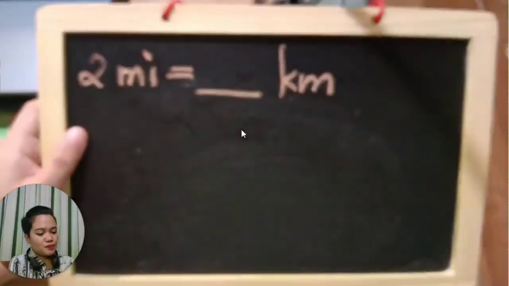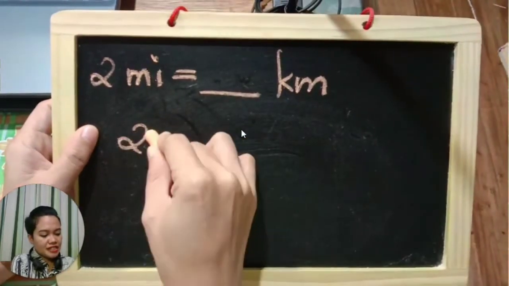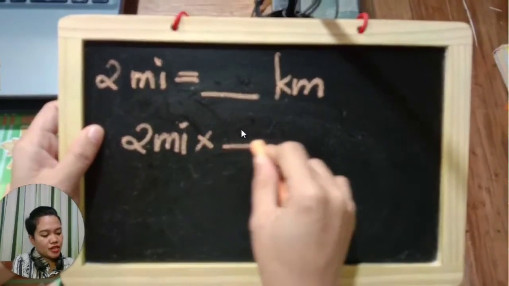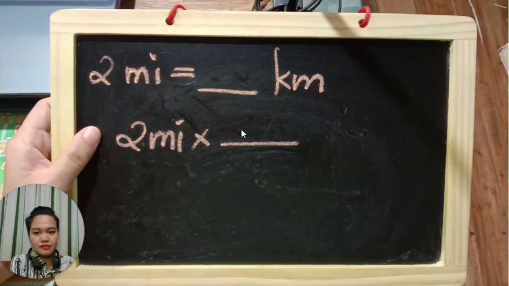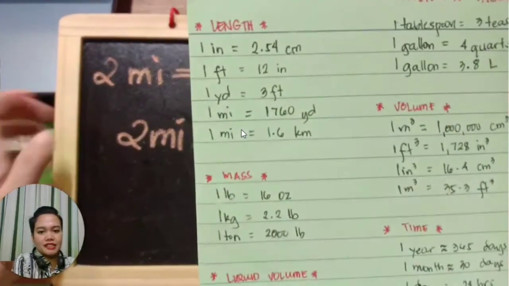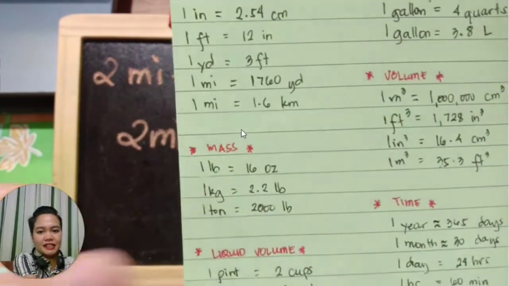All right. So if your given is miles, you will multiply that with a conversion factor. Earlier, again, I've shown you that 1 mile is 1.6 kilometers.